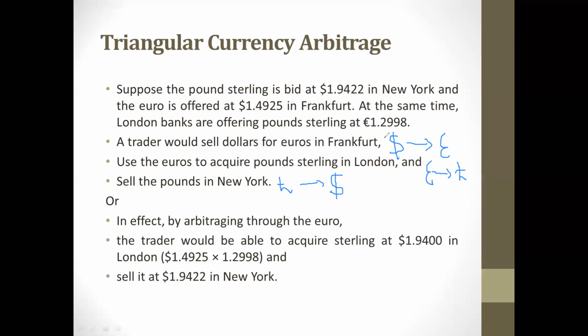Now you can see the starting currency is dollar, which started from New York, and the ending currency is also dollar, in New York. Starting from New York, first he goes to Frankfurt, then to London, and comes back to New York. So the difference between this buying and selling rate we call currency arbitrage profit or loss.